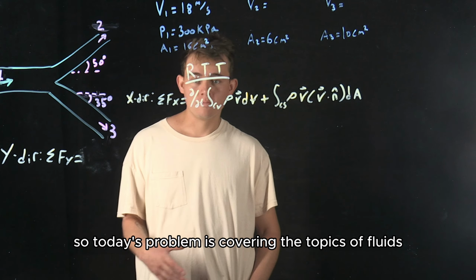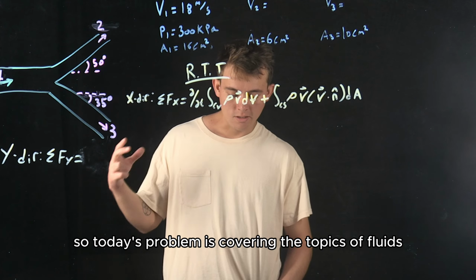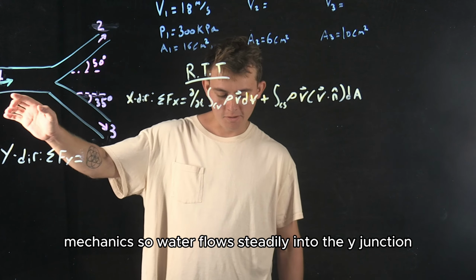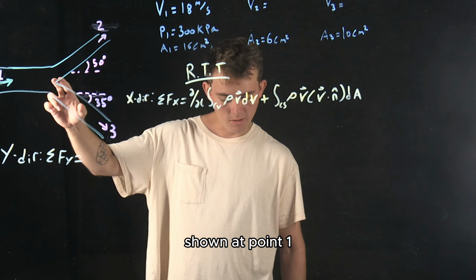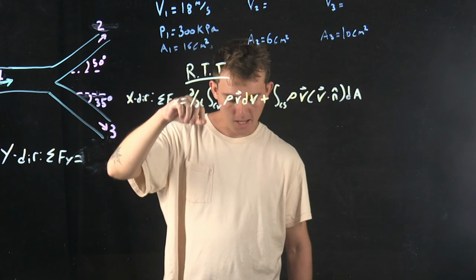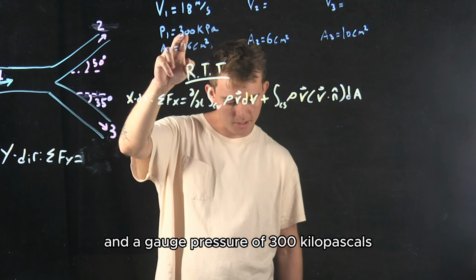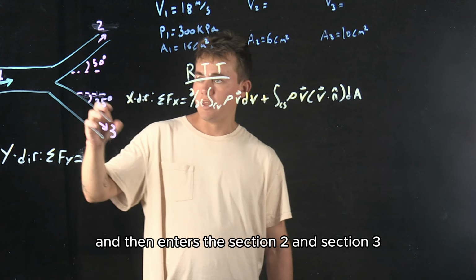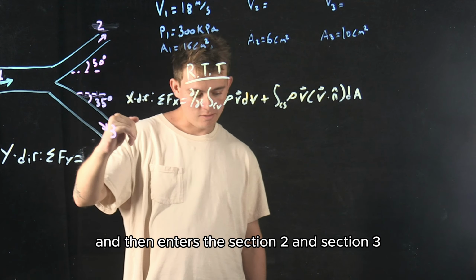So, today's problem is covering the topics of fluid mechanics. Water flows steadily into the Y junction shown at point 1 with a velocity of 18 meters per second and a gauge pressure of 300 kilopascals. We have the area of section 1, and then it enters at section 2 and section 3.